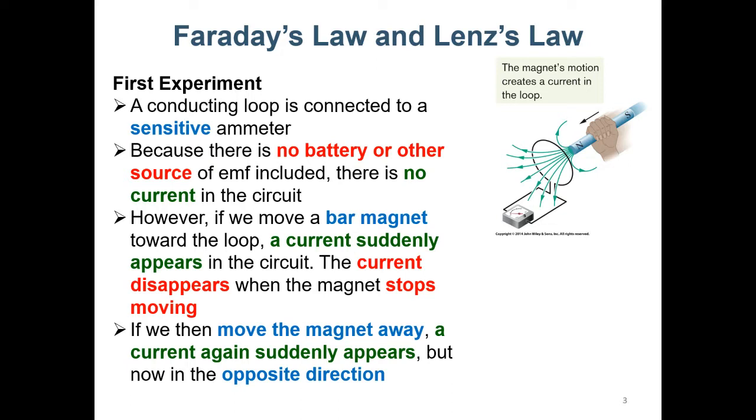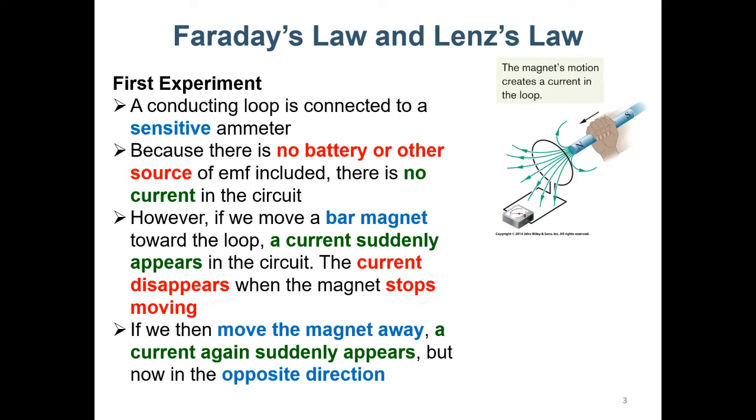So let's consider the first experiment. A conducting loop is connected to a sensitive ammeter, which means a meter to measure the current, and sensitive means it can measure a very, very small current.